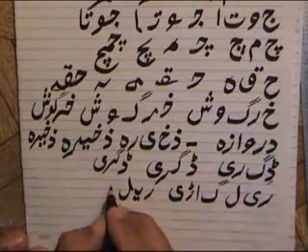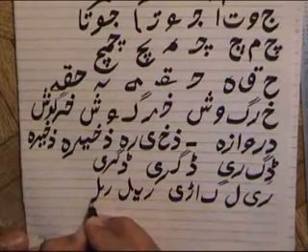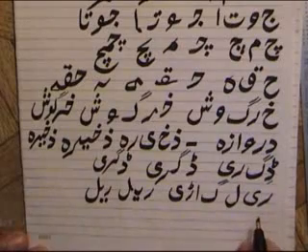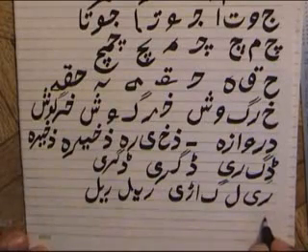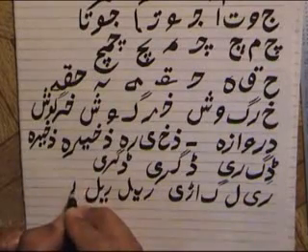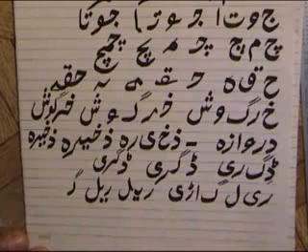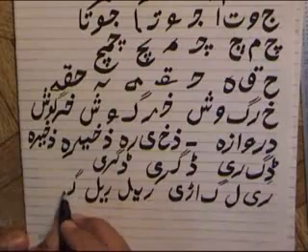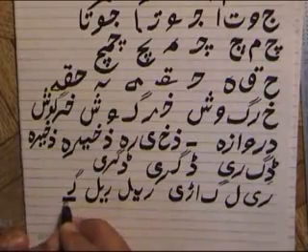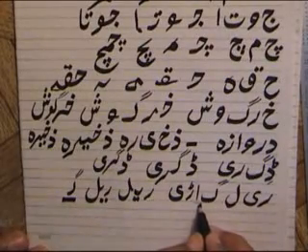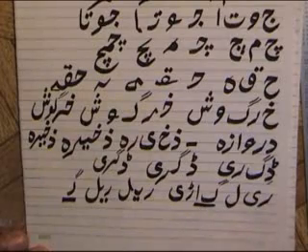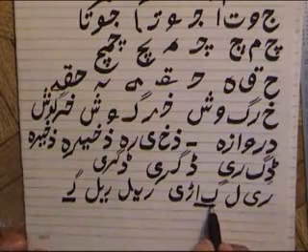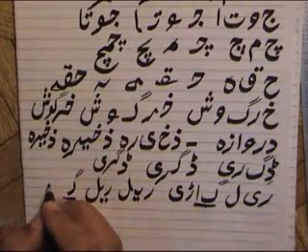So we'll write rail, and for gadi we'll write gaf, assume the initial position. We have to understand one rule here, that whenever alif is joined with gaf, we'll write like this.